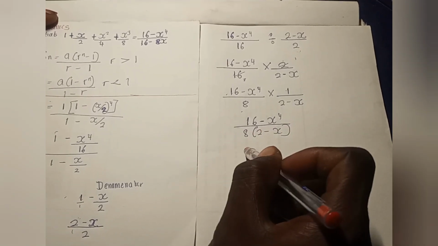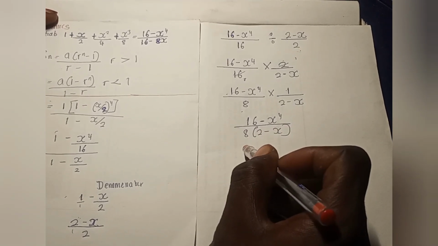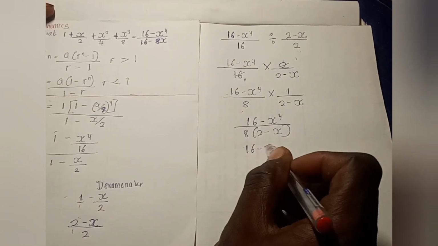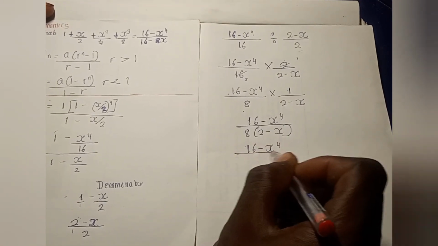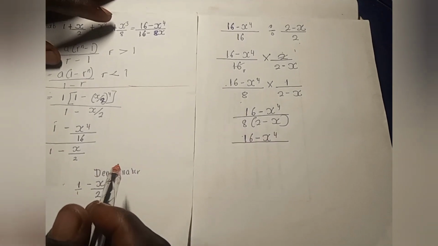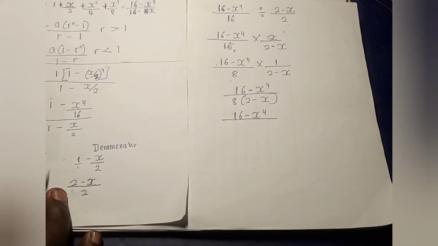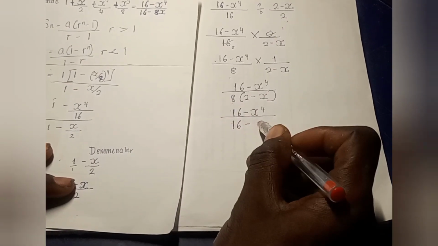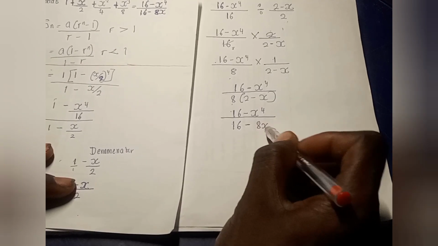If I open the bracket, I'm going to be having 16 minus x raised to power 4 all over 8 times 2 will be 16. 8 times minus x, I'm going to be having minus 8x.